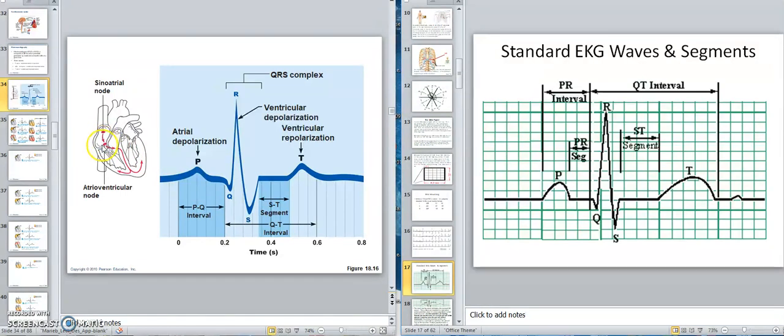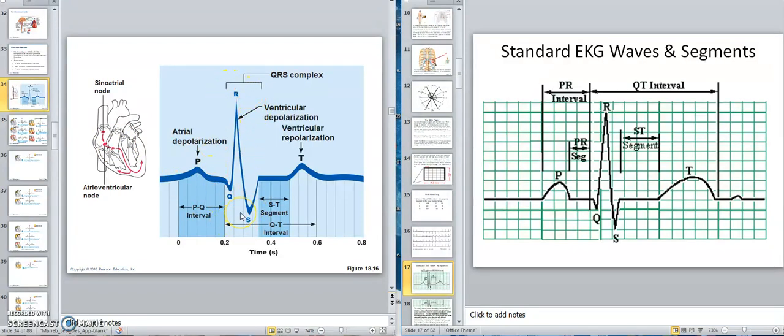Then, if you may recall, the signal travels down to the AV node, which then ultimately would go down the bundle of His and bundle branches. So this, what we call the QRS complex, has to do with ventricular depolarization. Here's atrial, then here would be the time lag between coming from the atrial, traveling down to the ventricles.